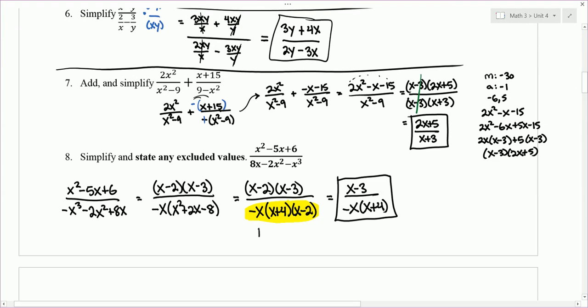So the first one, negative x, gives us x equals 0. The second one, x plus 4, gives us x equals negative 4. And the third one gives us x equals positive 2. So those are the three numbers that x cannot be. Those we need to exclude, because if x were 0 or negative 4 or 2, then we'd end up dividing by 0, and you can't divide by 0. So these are my excluded values.